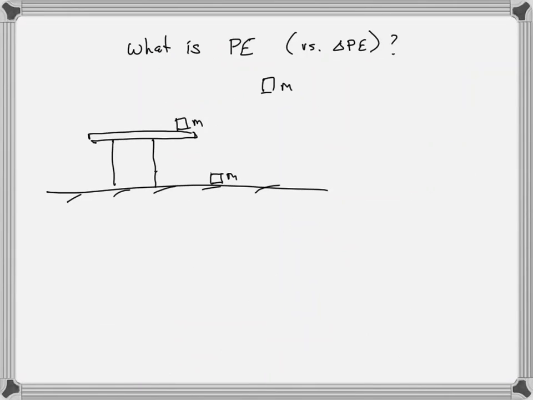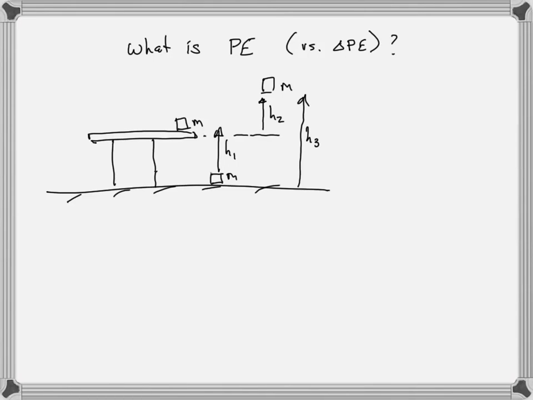Let's look at this in terms of our Amazon box, which we're lifting up from the ground. We're either going to put it on a table, a height h1 above the ground, or maybe even a height h2 above the table if we're going to carry it in. And let's also say that the total height, h1 plus h2, is h3.